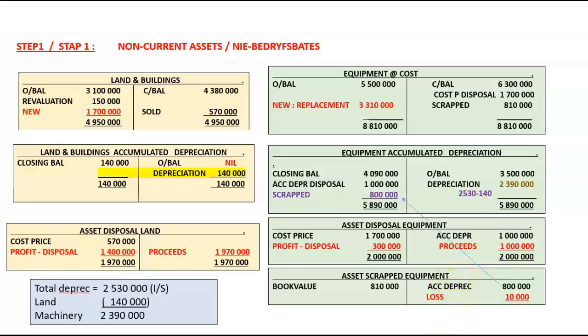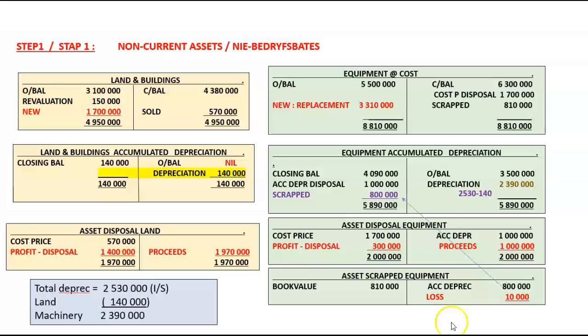Let's assume an asset was scrapped as a result of a fire that broke out, and we have received a certain amount from the insurance company to cover our loss. Would I have a proceeds then on the scrapping? Yes, for sure. The amount that I would have received from the insurance company would have represented the proceeds on the asset scrapped.